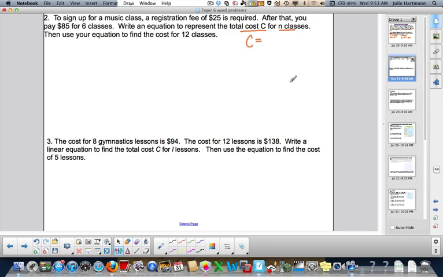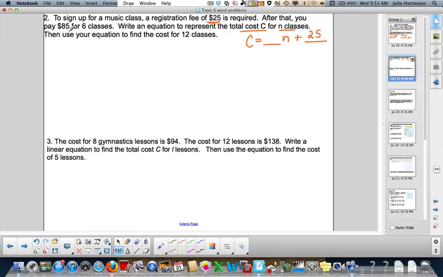Okay, it gives us the variables here. Now, a registration fee of $25 is required. Where do you think that goes? Is that going to be times n, or is that going to be our initial value, our y-intercept? Yeah, that's going to be our y-intercept, okay? So this is our 25, because that we have to pay separately.